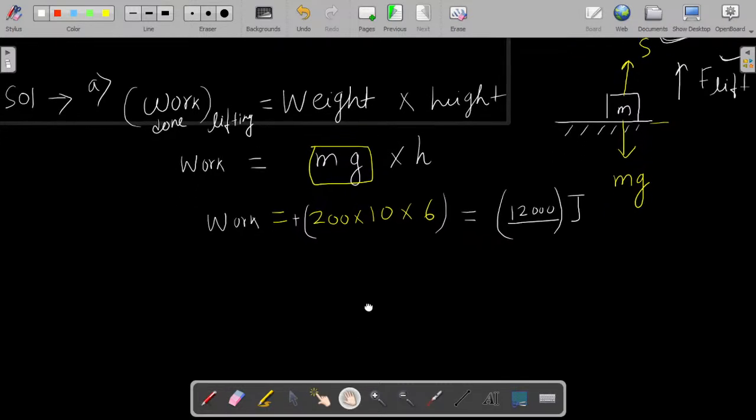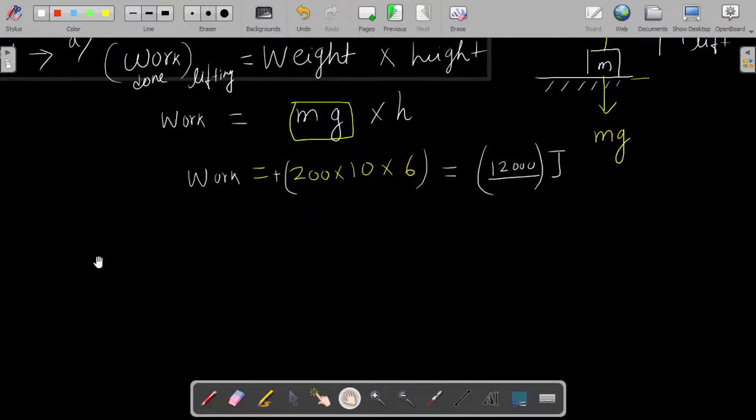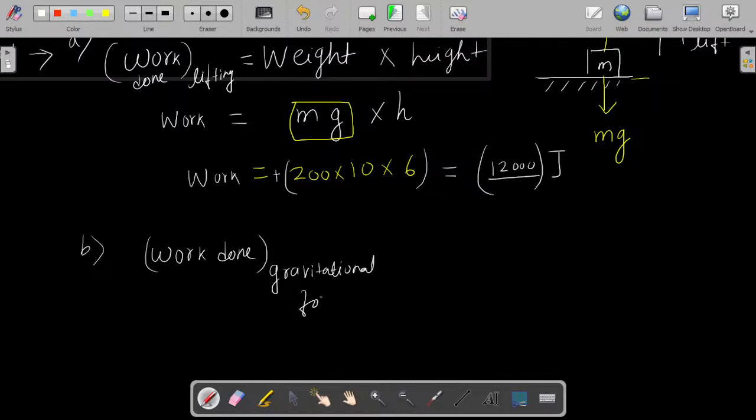If in this question it is asked, suppose, work done by gravitational force, that time you have to write F gravitational into displacement, that is h.